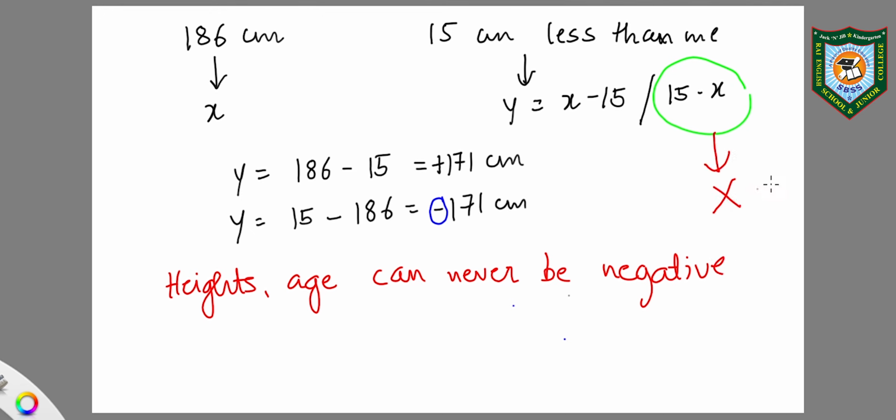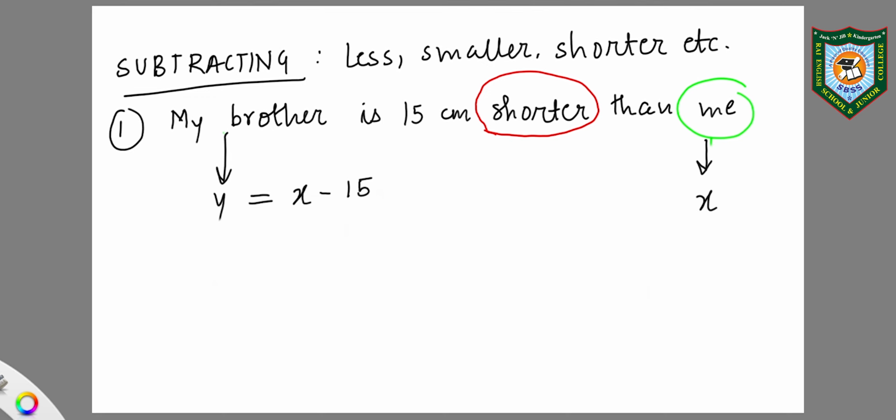So I cannot do 15 minus x. I always have to write x minus 15. I hope you understood this concept. If you still face any problems in understanding subtracting word terms, I'll help you out once again. Now we'll do one example again and then we'll move on.